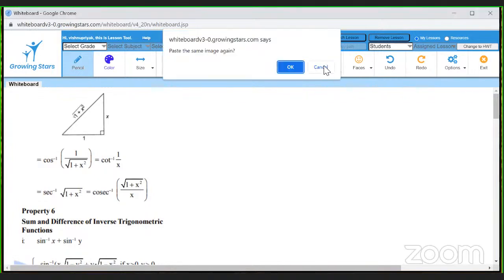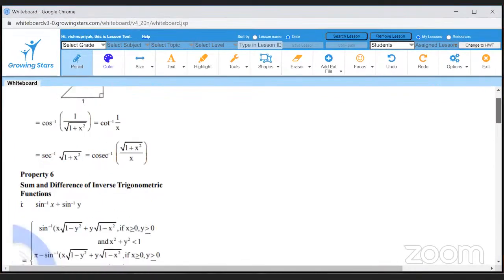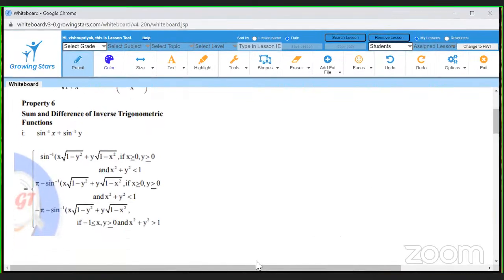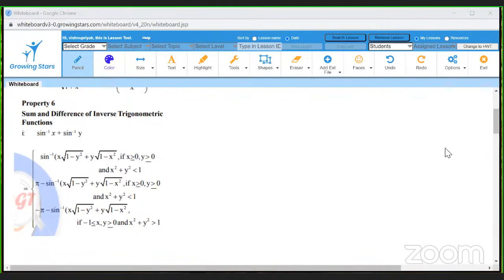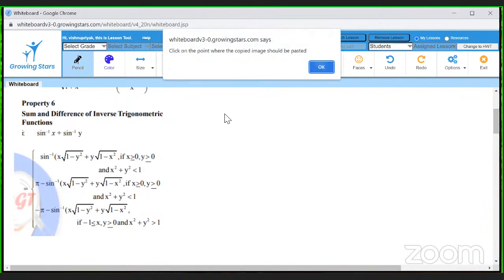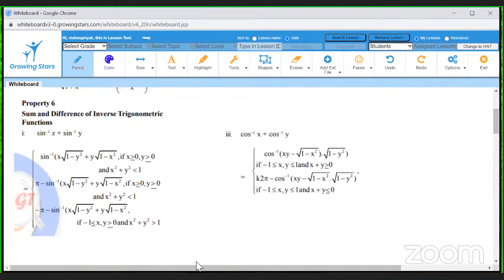I'll scroll it down. See down, some more formulas. They are difficult to memorize, but use some technique. Somehow you have to learn them by heart, so use a technique.